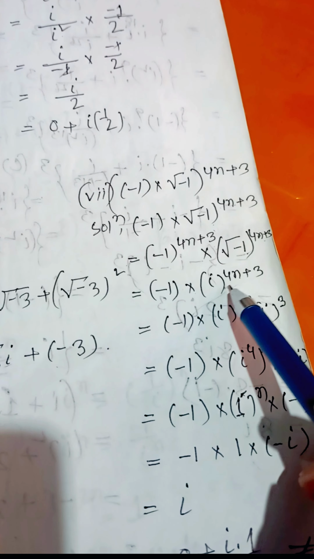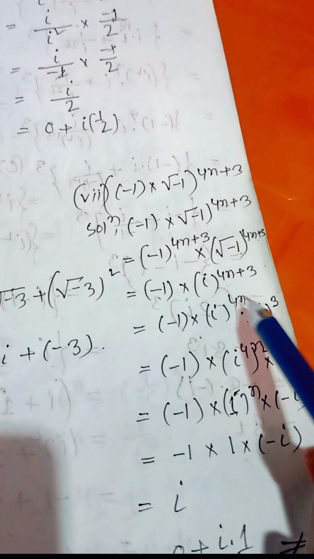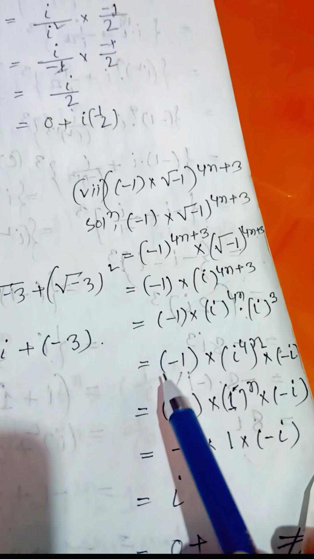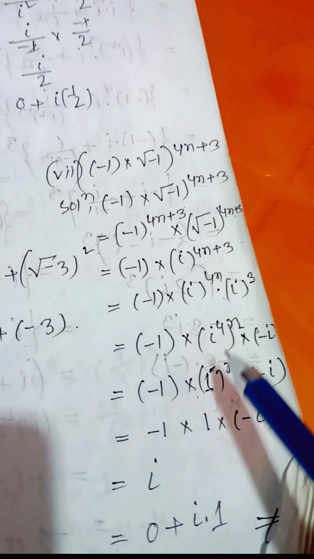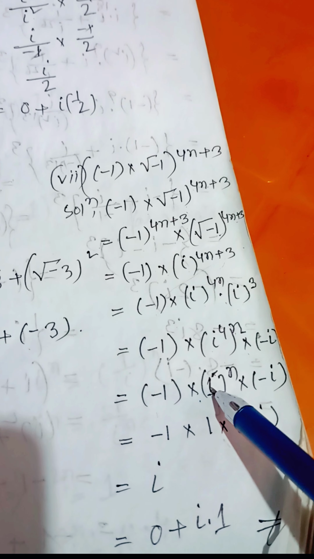So minus 1 into i to the power 4n into iota whole cube. Now break it: minus 1 into i to the power 4 whole to the power n into minus iota. Minus 1 multiplied, this is an even number. If I multiply by an even number, we get 1.